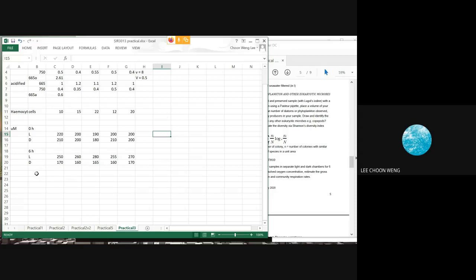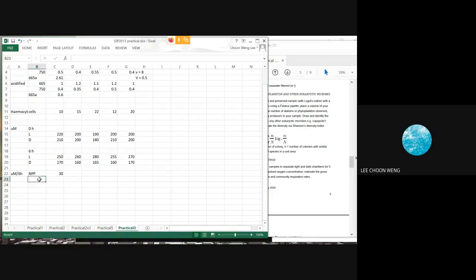For net primary production, it is this minus this. The unit will be micromolar per 6 hours, so you can change it to micromolar per hour later.